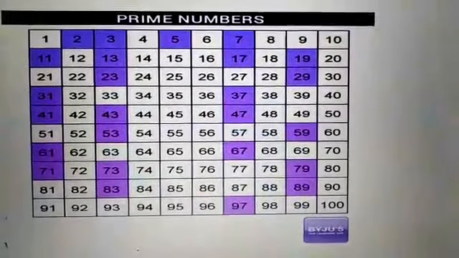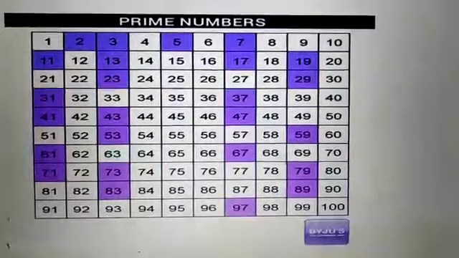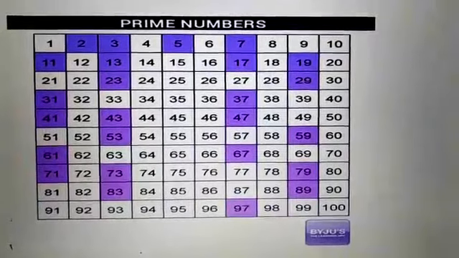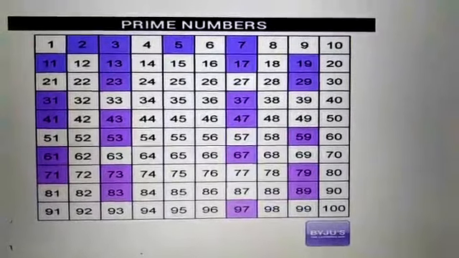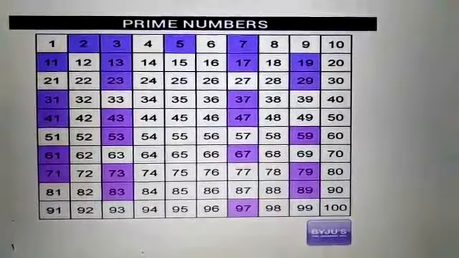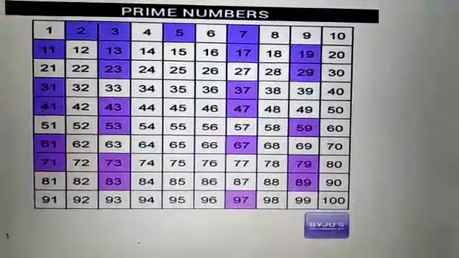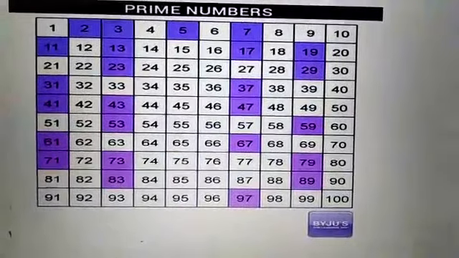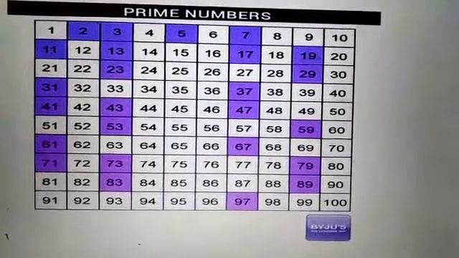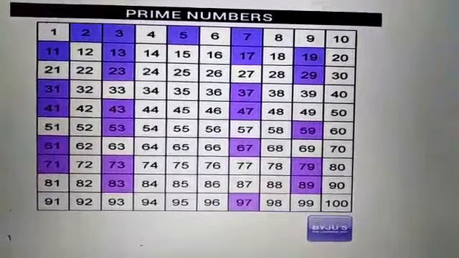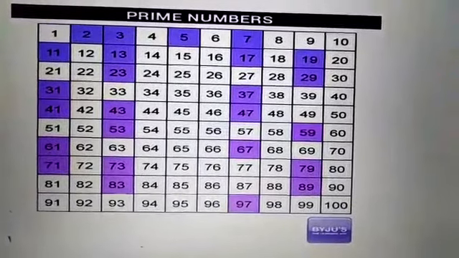Okay students, your homework is that you have to show working of all these prime numbers. Means 2 is a prime number, and you will show working of this. Means 2 is divisible by 1 and 2. Similarly 3 is divisible by 1 and 3. And 5 is divisible by 1 and 5, and so on.